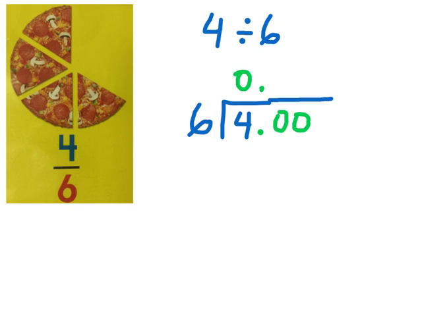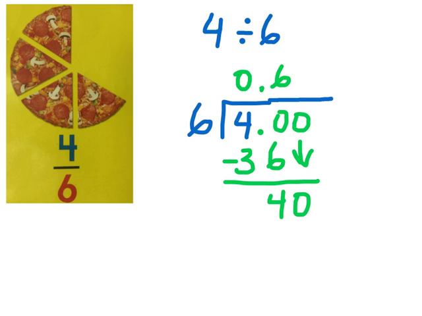My decimal point lines up. And now it's 6 into 40, or 40 divided by 6. So I know that I can fit 6 6's into 40, because 6 times 6 is 36. I subtract, 4 left over, I'll drop down my 0, and I got 40 again, so I put a 6.